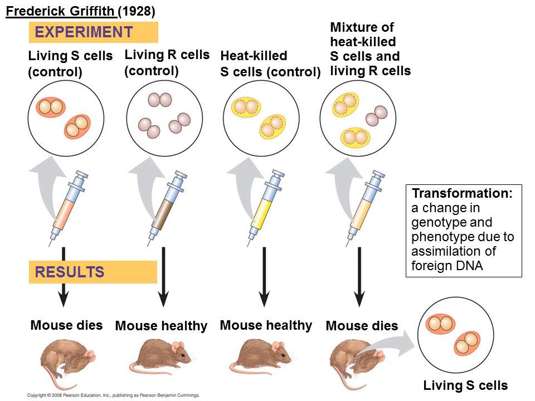Here's the interesting part. When Griffith mixed the living R cells, which remember didn't hurt the mouse, and the heat-killed S cells, which also didn't hurt the mouse, now the mouse died.